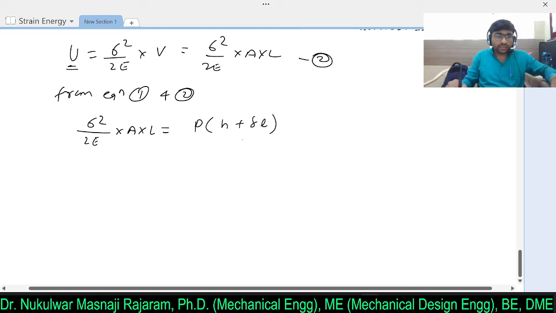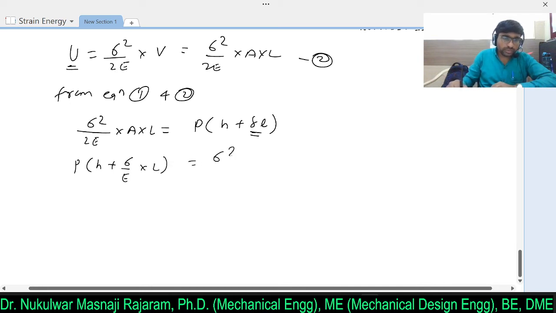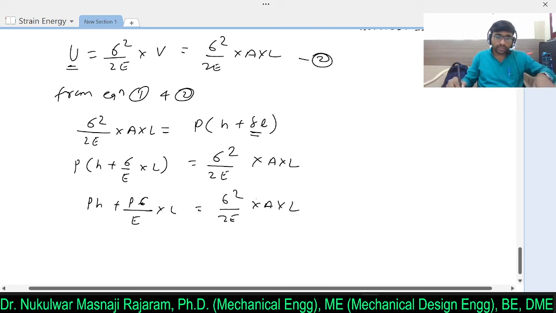Now instead of delta L I will rewrite this equation. I will take this to this side, P into (H plus, instead of delta L what we learnt, that is sigma by E into L). Clear. So it will remain the same, sigma square divided by 2E into A into L. So I will multiply the bracket, so P into H, then P into sigma divided by E into L equal to sigma square divided by 2E into A into L. Clear.